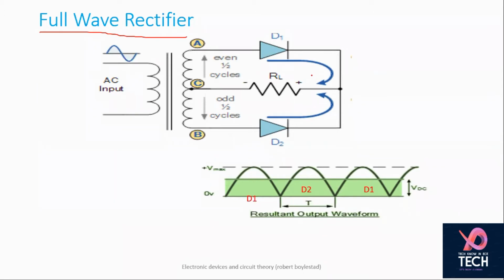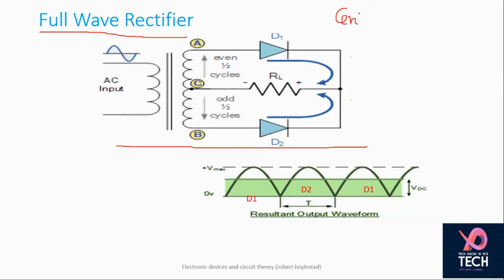That is why it is called a full wave rectifier. This is the definition. The second thing you have to do is draw the circuit diagram. So this is your circuit diagram. This particular full wave rectifier is called the center tap full wave rectifier.